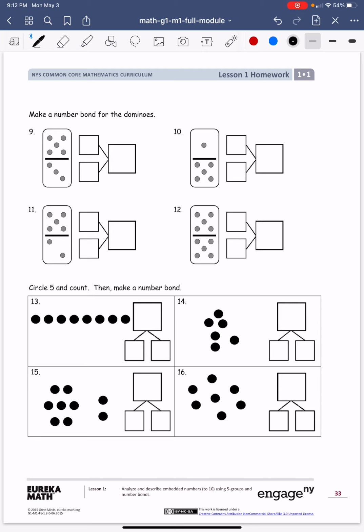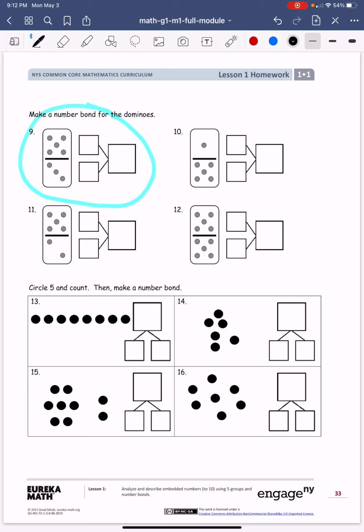Okay, the next page says, make a number bond for the dominoes. So, what I'm going to do is I'm going to give you guys about 1 minute, and you guys are going to go ahead and count how many little dots are on the dominoes for the first question, which is number 9. I'm going to go ahead and circle it for you so that way you guys can know. Okay, go ahead and count.